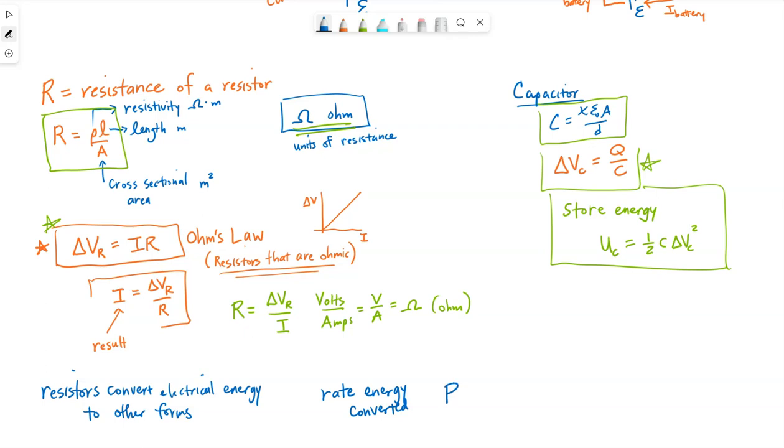If you recall, that is power. The power, one way it can be written, is the current times the potential difference across the resistor. An amp times a volt is going to be watts. So the power is how fast the energy is converted.